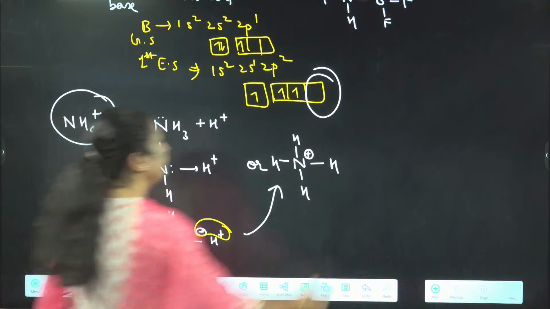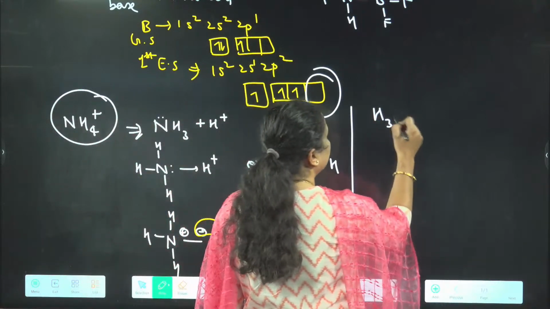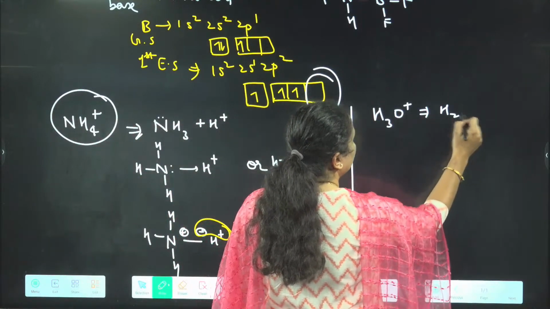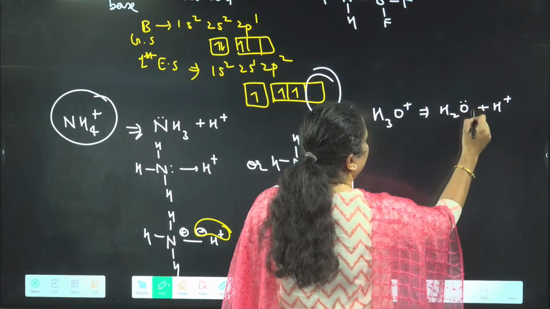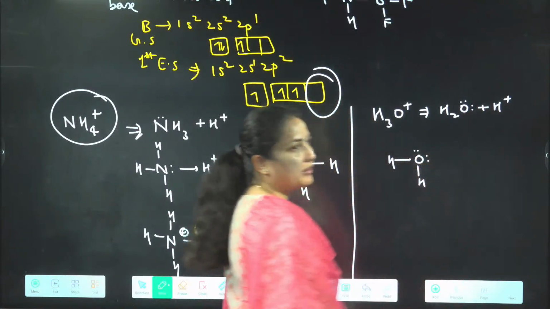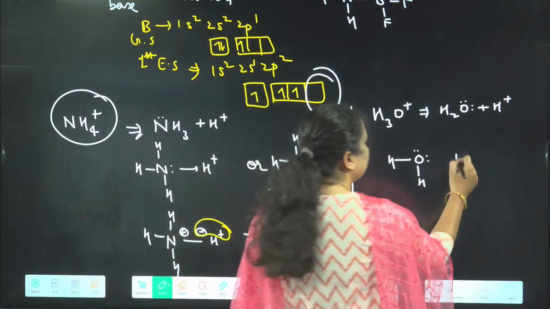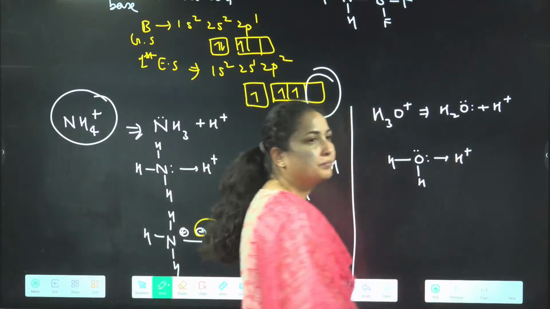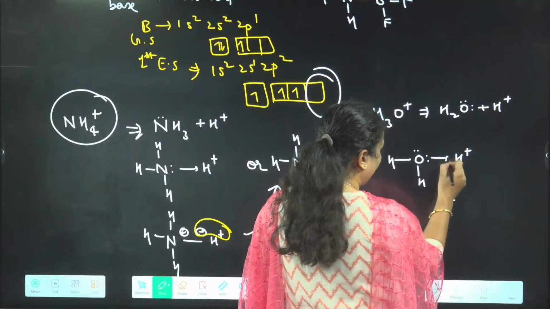Are we getting it? Similarly, if at all I am having H3O plus, so can I break this as H2O plus H plus? And here in this case also, you are having oxygen's octet complete. It is having a lone pair of electrons. H plus is there, which is having a vacant orbital. So can I write this as, there is a coordinate covalent bond.